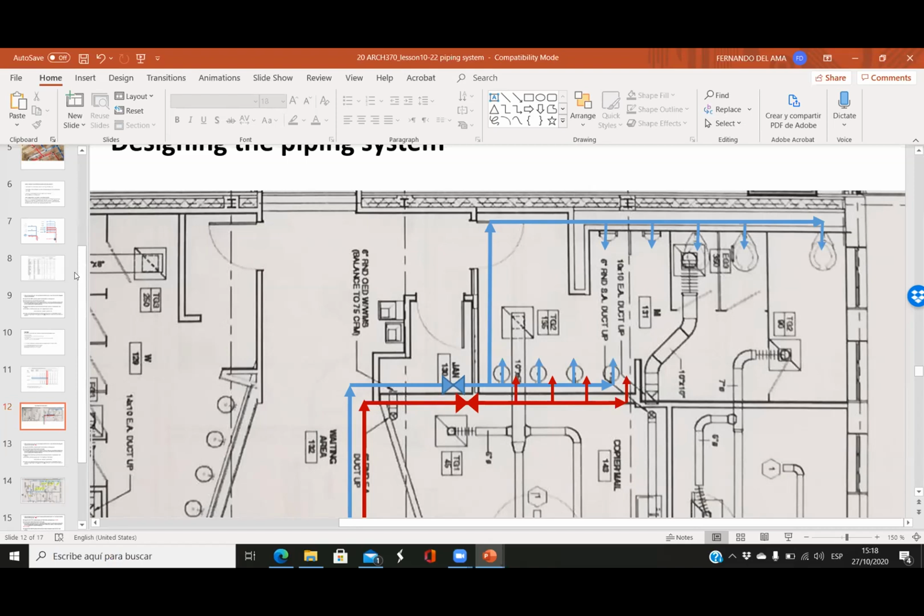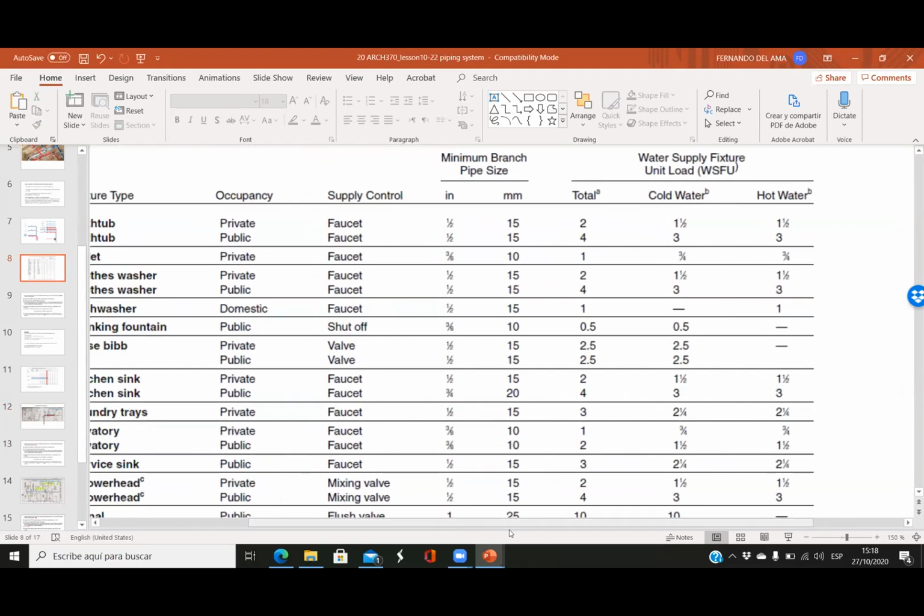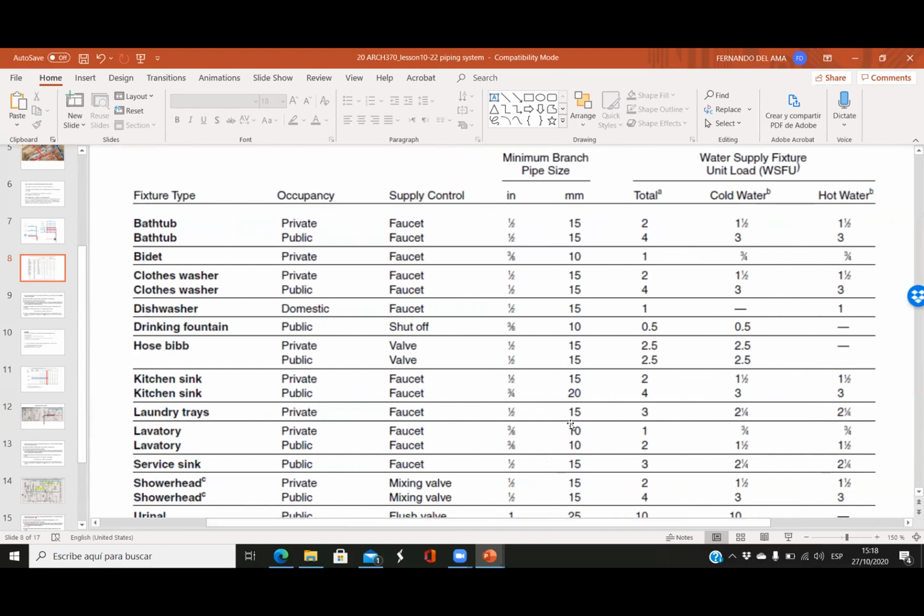And now we need to go to this table. And on this table, we have 2 different pieces of information. We have the fixture units, and we have the minimum size for each device.